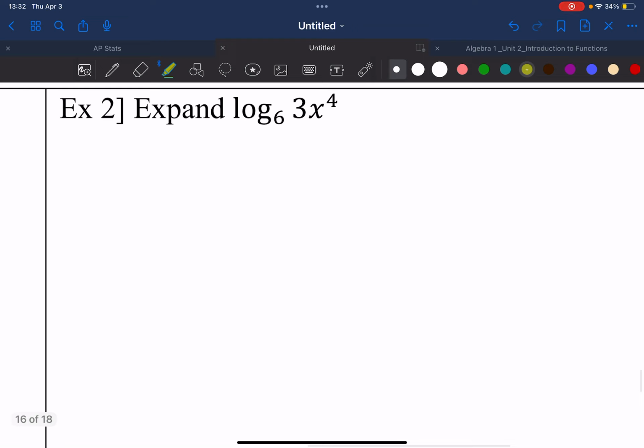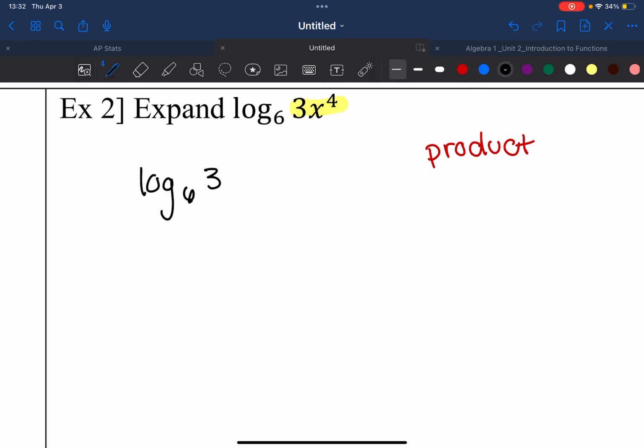Number 2. We have the log base 6 of 3x to the 4th. Since 3 is being multiplied by x to the 4th, I know I'm going to use the product property that states if I have something multiplying, I can expand it to addition. So this can be written as log base 6 of 3 plus log base 6 of x to the 4th.